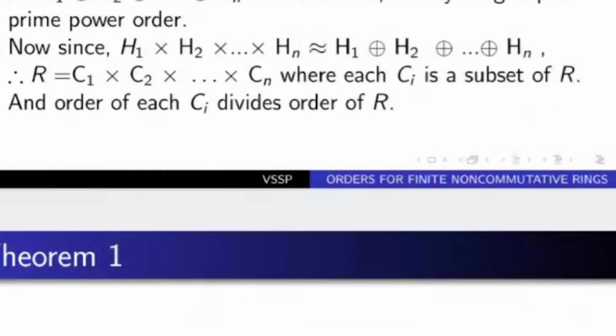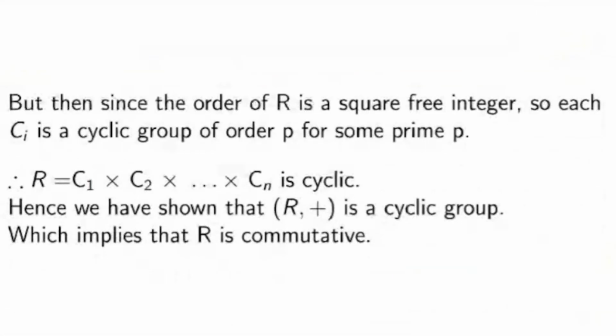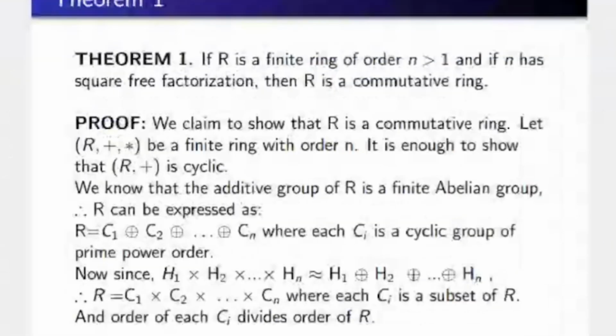Hence, we have shown that R plus, which equals C1 internal product C2 up to Cn, is a cyclic group, and hence R with plus and dot is a commutative ring. So any ring of order n which has square-free factorization is a commutative ring.